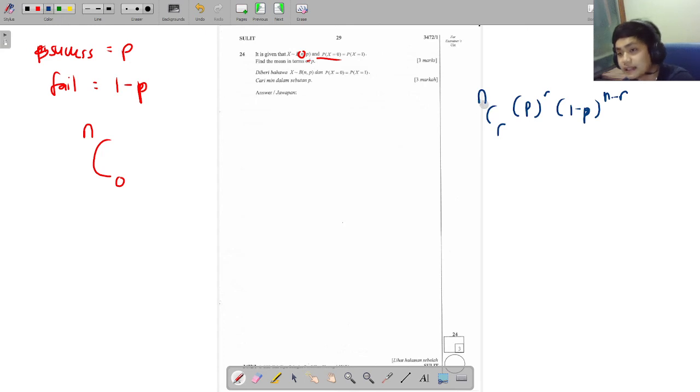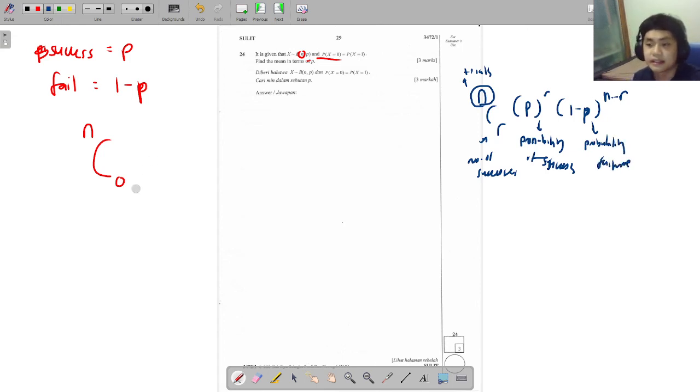So basically, n is your trials, r is your number of successes, p is your probability of success, and 1 minus p is your probability of failure, right?